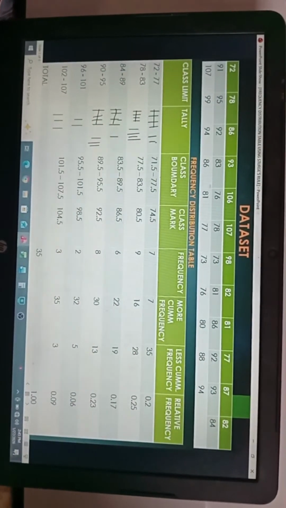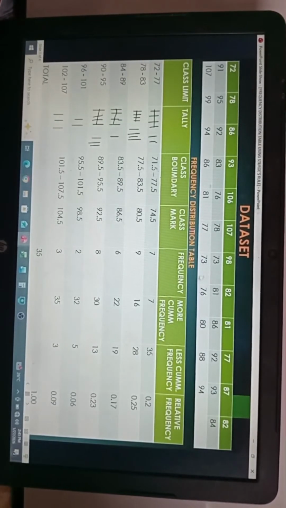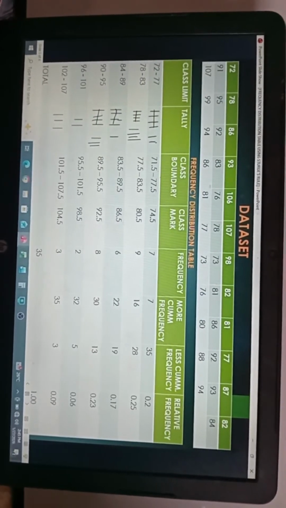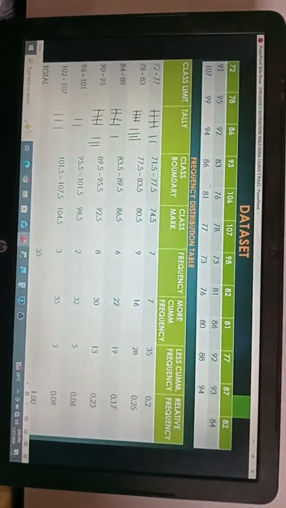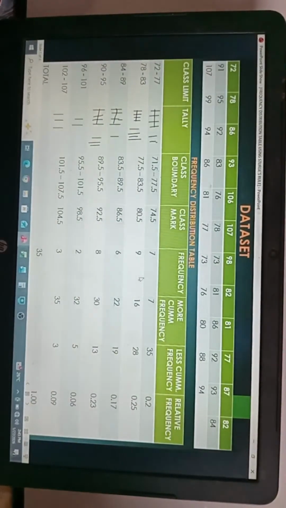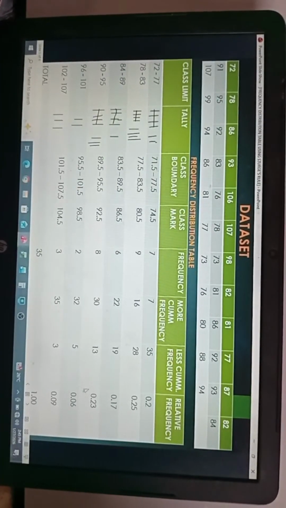In order for us to determine our relative frequency, we have already known all these frequencies and we know the total of the frequencies to be 35. Like I showed in the previous slide, 7 over 35 gives us 0.2. That's how we have this 0.2. Then 9 over 35 is 0.25. 6 over 35 is 0.17. 8 over 35 is 0.23. 2 over 35 is 0.06.